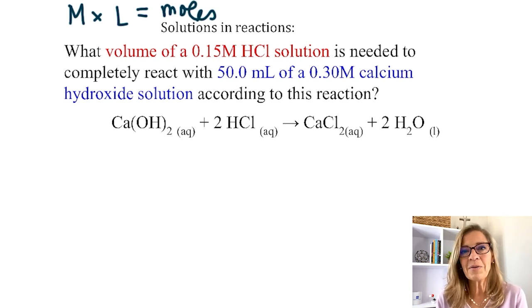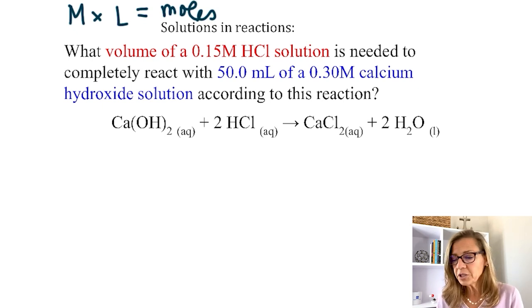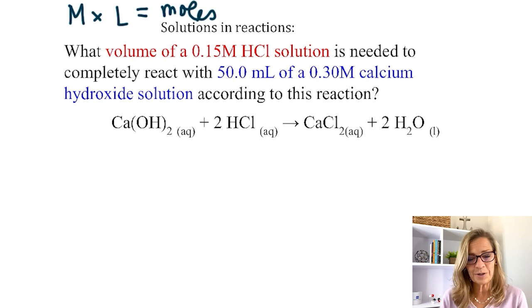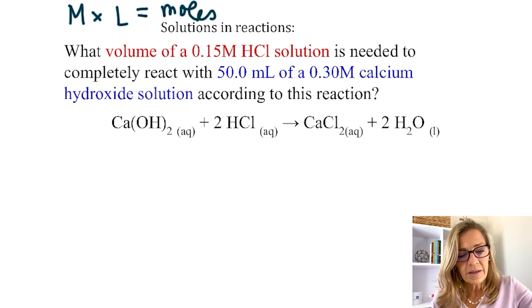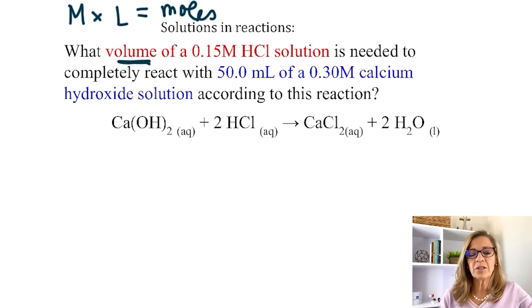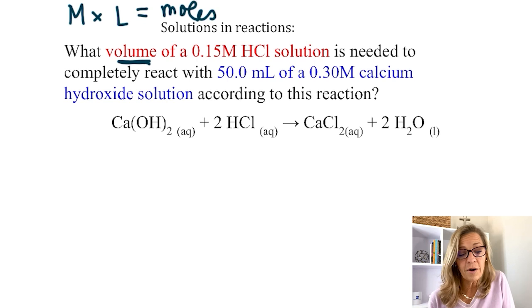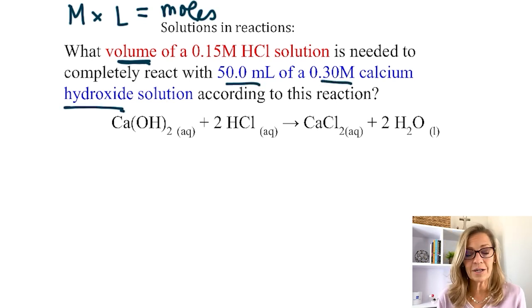Sometimes you're not given moles, just a volume of solution and its concentration, and you have to figure out moles. Let me show you how I would work this problem. I have a chemical reaction, so I know I'm going to relate two different things. Look at what we're looking for: find the volume of acid that we need to react with a known volume and concentration of the calcium hydroxide.